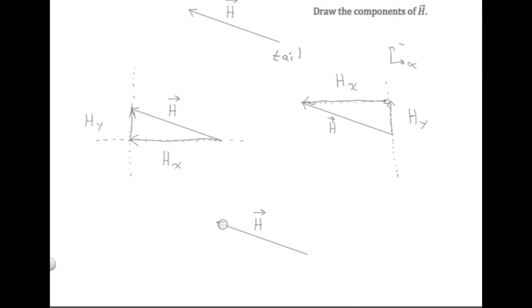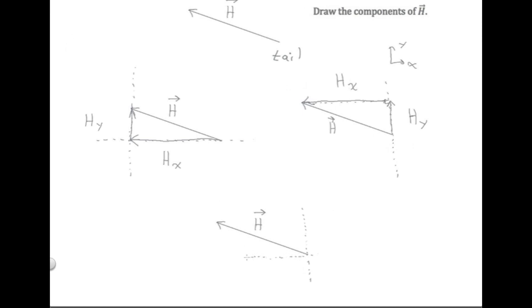Now I'm going to draw a rectangle where the overall vector is the diagonal of the rectangle. The components are the sides, and the sides of the rectangle are parallel to the axes. So over here I want to draw two sides parallel to the two axes. I'm going to draw a line here that's parallel to the y-axis, and I'll draw a line here.